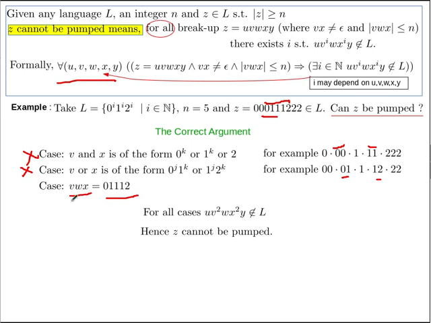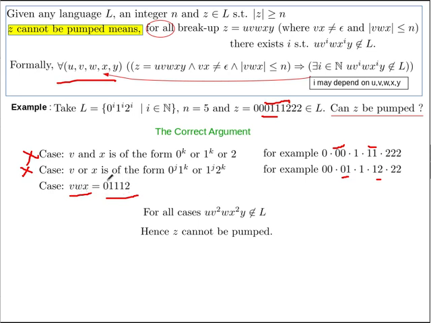Again, why can we not pump? Because we already excluded these 2 cases. If we exclude these 2 cases, then the only possibility is that this entire string is either v or x, and the other parts are epsilon, right?